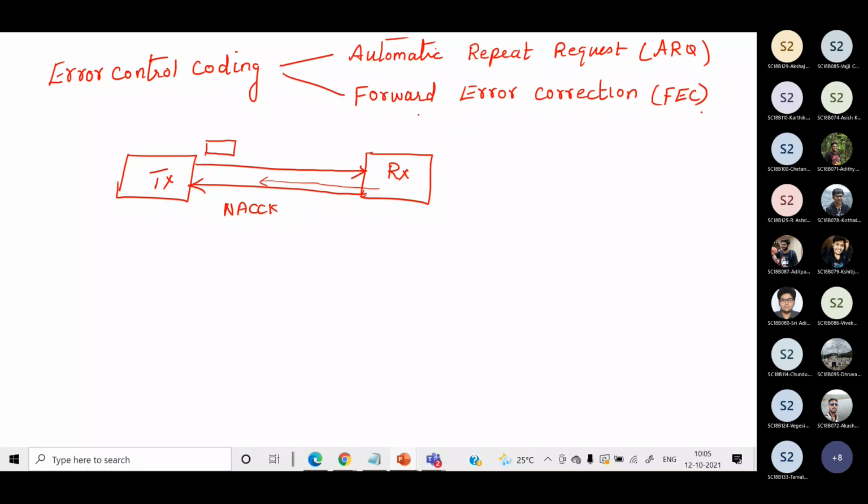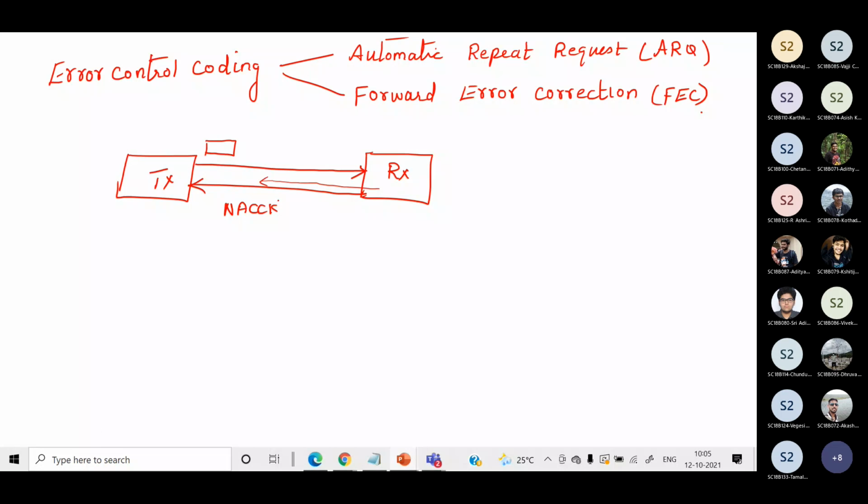Second one is forward error correction. If a packet is transmitted from the transmitter, at the receiver first it will try to find out whether any error has occurred or not. If it identifies the error, it will try to correct it at the receiver. It won't ask for retransmission.